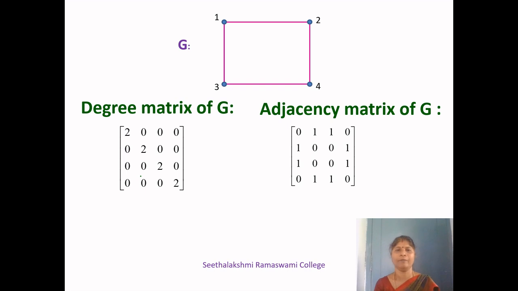Here, vertices 2 and 4 are adjacent to vertex 1. Therefore, the entries (1,2) and (1,4) are 1. From 1 to 1 there is no edge, therefore that entry is 0. In a similar way we get [0 1 0 1; 1 0 1 0; 0 1 0 1; 1 0 1 0]. It is the adjacency matrix of the given graph G.